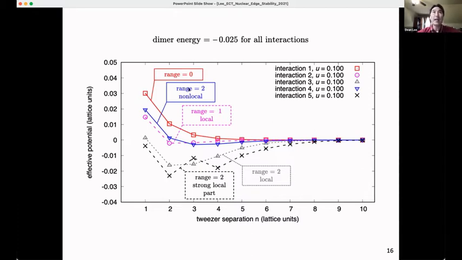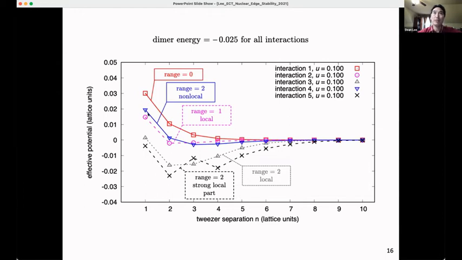Now, if you keep the interaction local and take the range to be 1 lattice unit, we immediately get more attraction. So the range seems to play an important role. In fact, we go negative over here. If we keep it local again and take the range to 2, we get much more attraction here. Okay. Now, if we take the range to be 2, but we make it quite non-local, we actually lose a lot of this attraction.